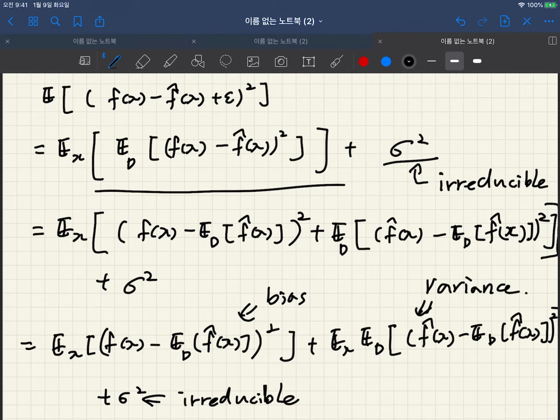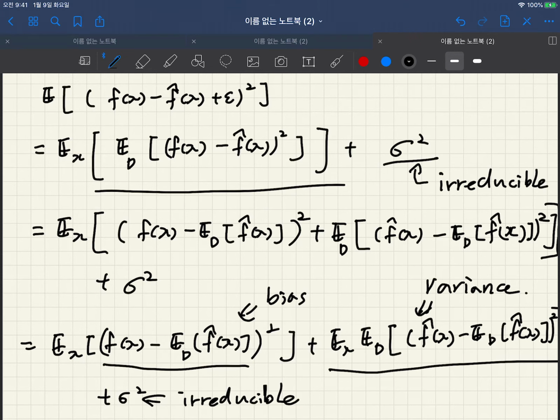The first term is the bias error, and the second is the variance error. Why? Here, this value is the variance of f hat(x). The bias is the error that comes from the limitation of your model. If your model has a lot of degrees of freedom, a huge flexibility, then the expectation of f hat(x) with respect to the data set can fit the original function f(x).